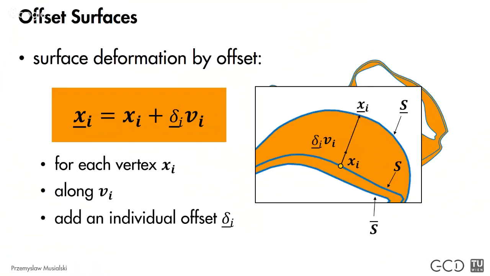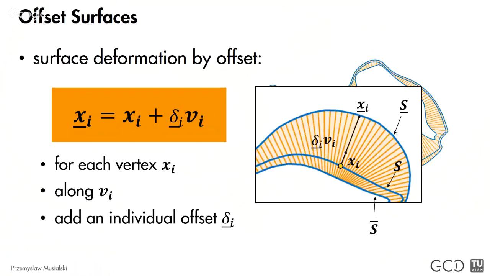In this way, we can offset the vertex, and we get the vertex x_i underline. And if we do it for all vertices and in both directions, we achieve this offset. So far, this is not very complicated.